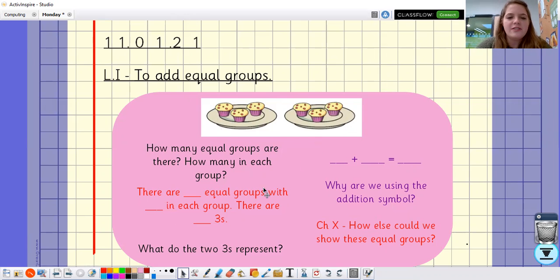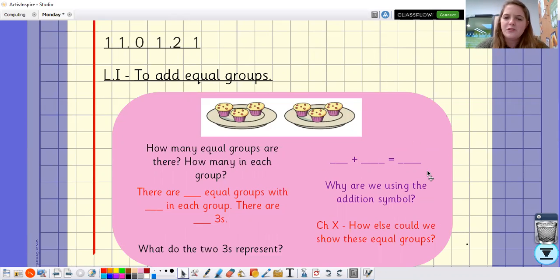Okay, so you're just going to have a little go with that one for now. So pause the video. How many groups are there? How many in each group? Okay, so hopefully you've managed to think how many groups you can see and how many are in each group. We will go through the answers to that once we've done our next part.